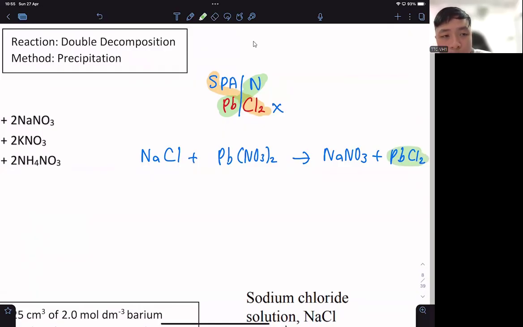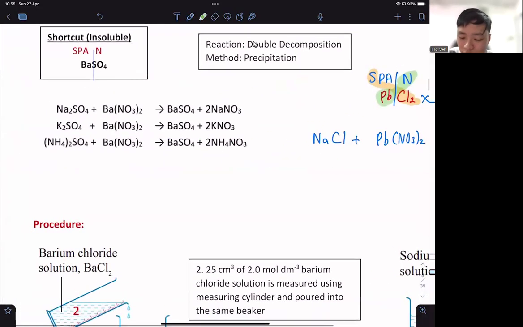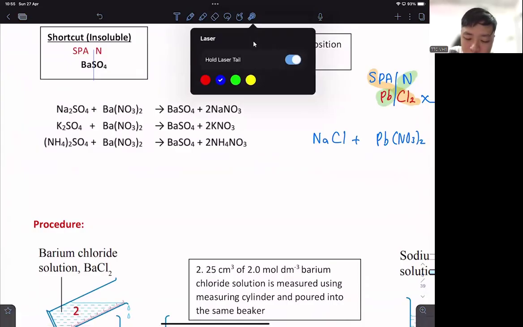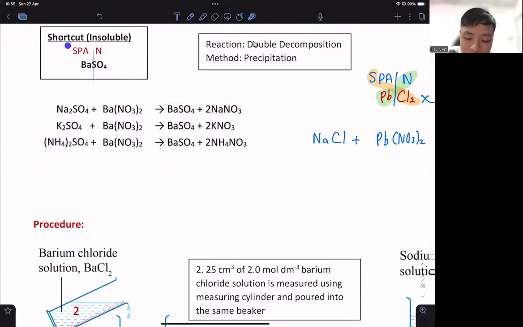So remember this one, you must follow this theory. PbCl2. Like this, if I want to prepare BaSO4, I use SPAN. So I use sodium sulfate or even K2SO4 is possible, or ammonium. Normally I don't recommend ammonium, because it is a bit hard to remember.